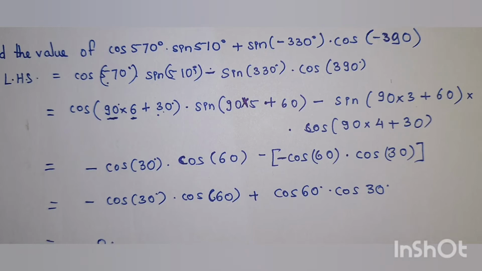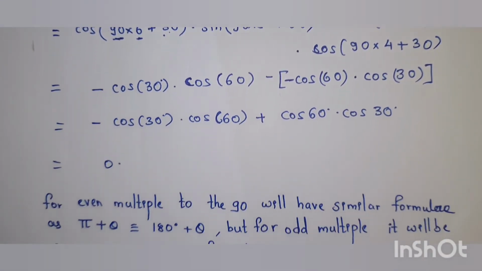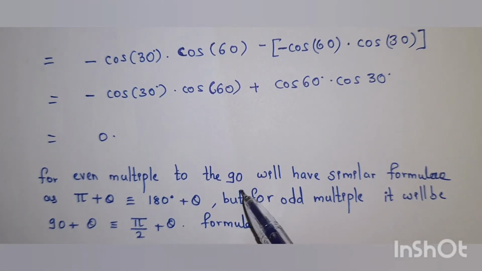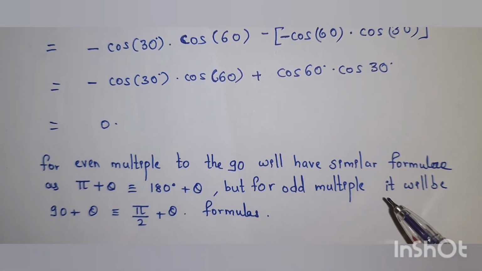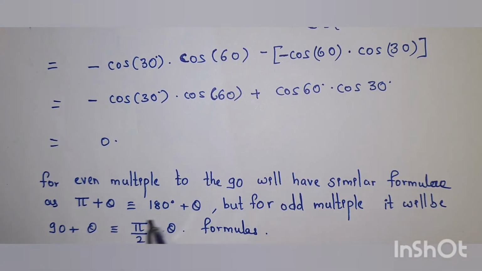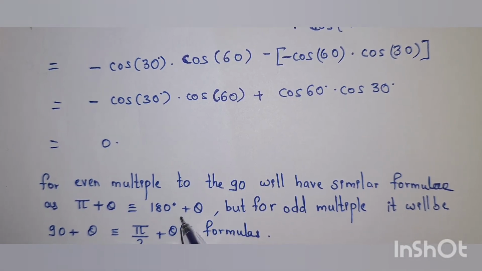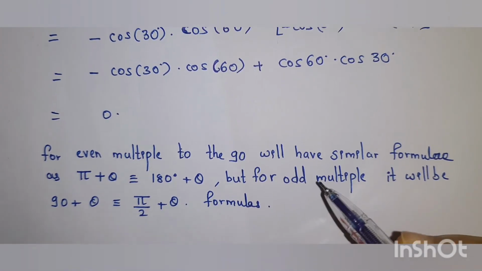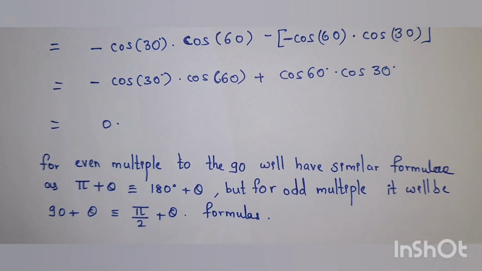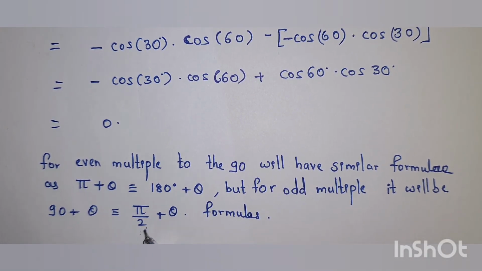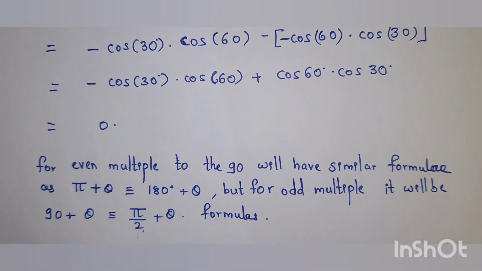Here, for even multiples of 90 degrees we use a similar formula as pi plus theta, that is equivalent to 180 degrees plus theta, but for odd multiples it will be 90 plus theta, that is equivalent to pi by 2 plus theta formulas.